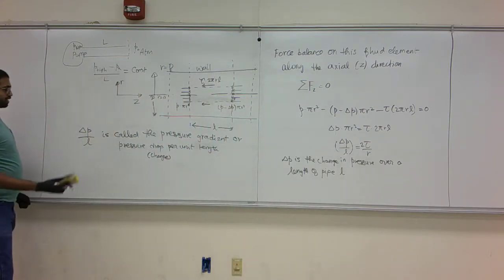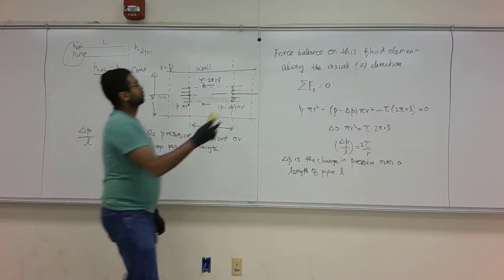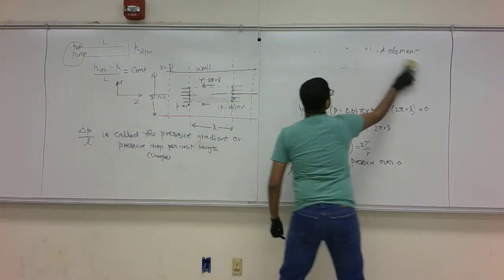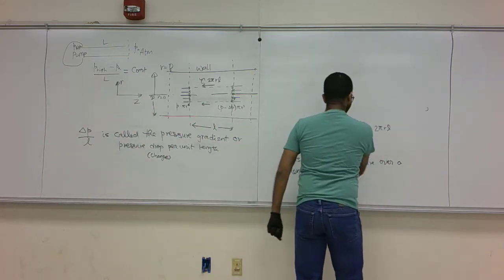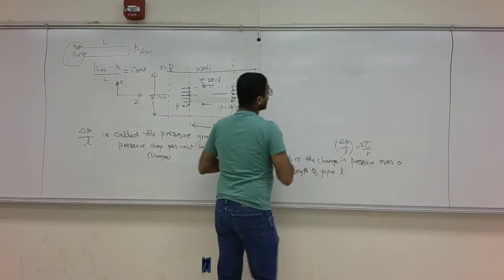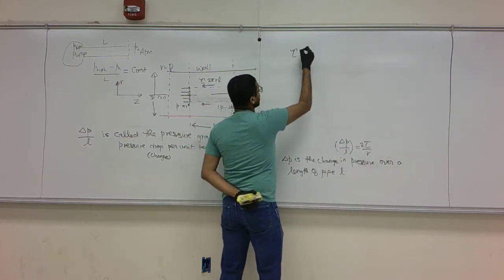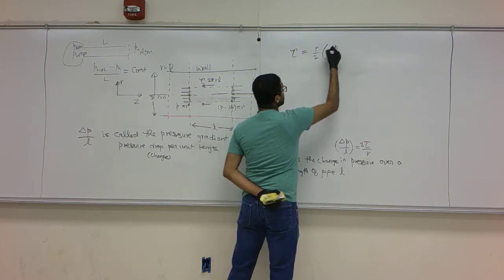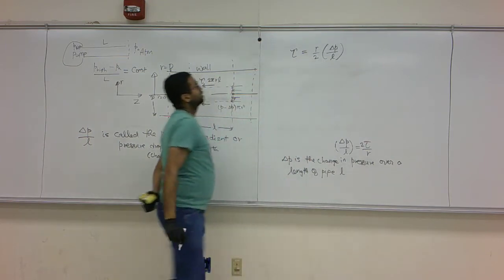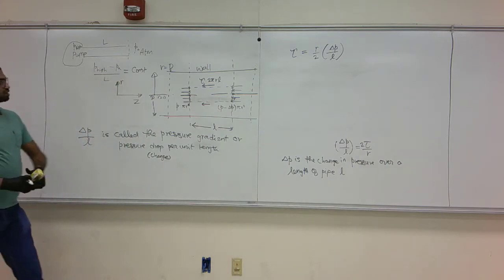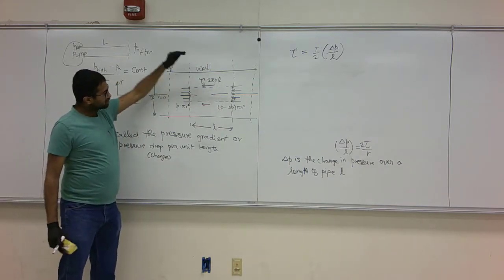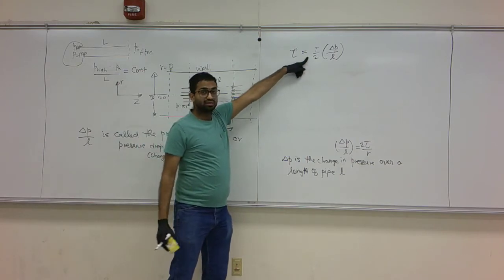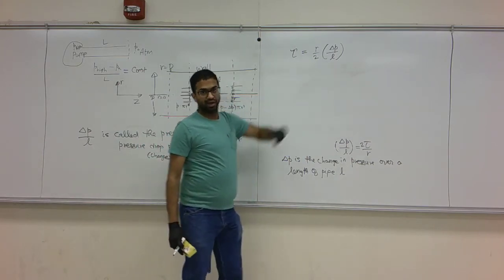So what I have here is tau equals R over 2 times delta P over L. The shear stress at this surface depends on the radius multiplied by the pressure gradient.